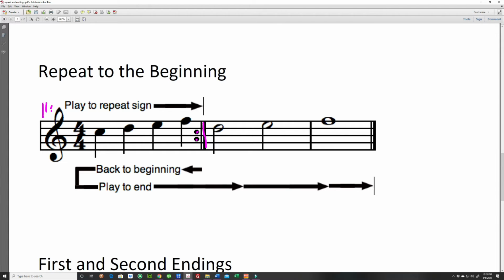So in this case, when we start playing, we're going to play up till the repeat sign, then we're going to go back to the beginning, to that invisible repeat sign, and then we go all the way to the end. So we end up playing that first little bit two times, between the beginning and the repeat sign.